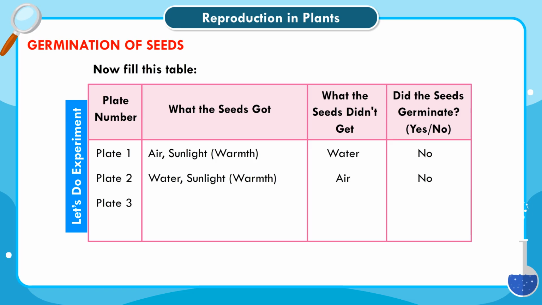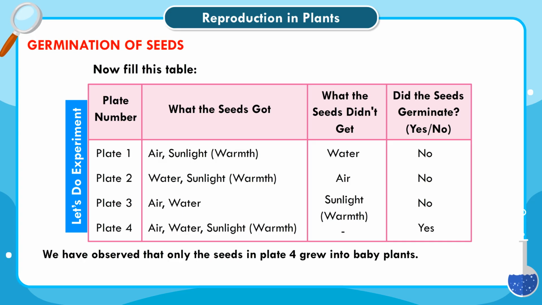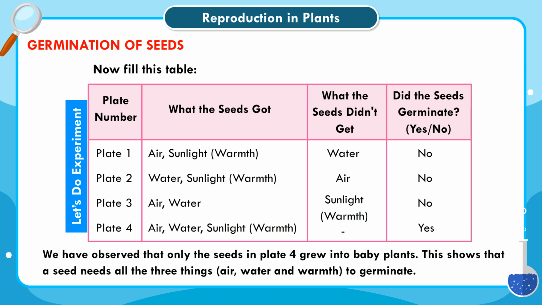No. Plate 3. Air, water. Warmth. No. Plate 4. Air, water, sunlight, warmth. Yes. We have observed that only the seeds in plate 4 grew into baby plants. This shows that a seed needs all the 3 things, air, water and warmth, to germinate.